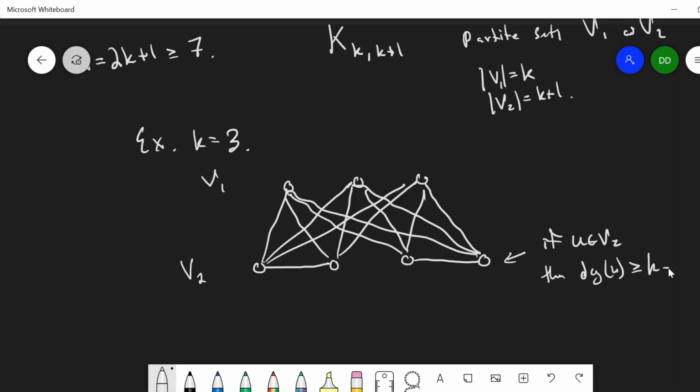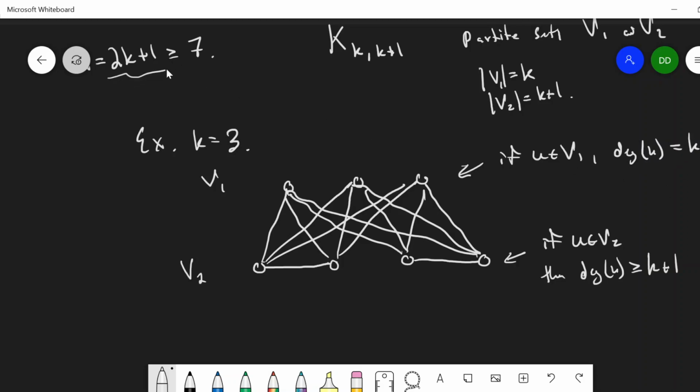So that's K plus 1. And up here, each vertex, I haven't messed with this at all, so it's adjacent to exactly the K plus 1 vertices down there. So if U is in V1, then the degree of U is equal to K plus 1.